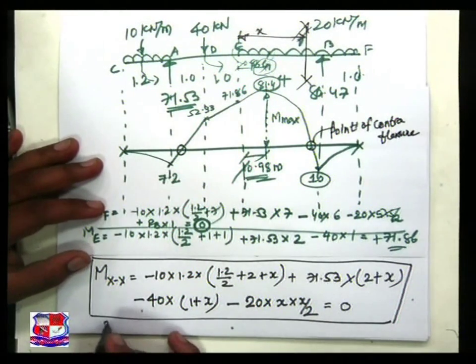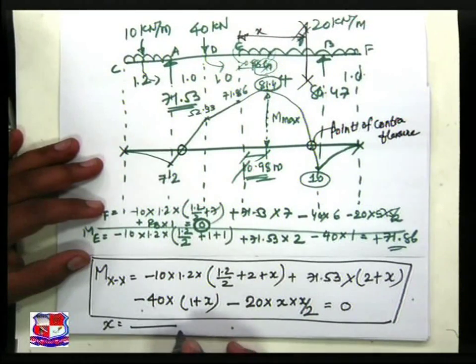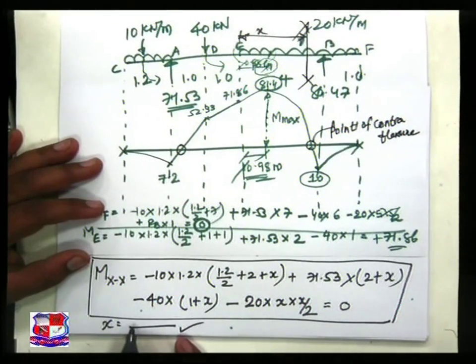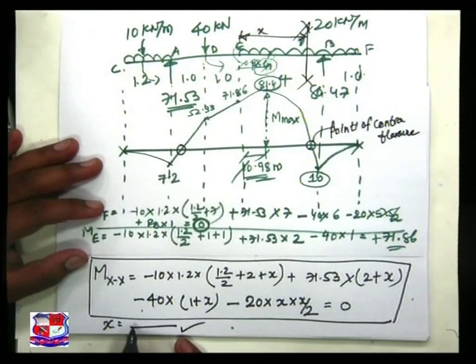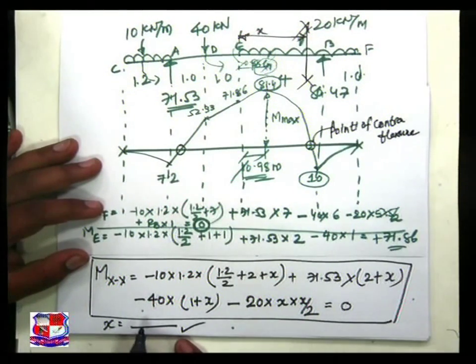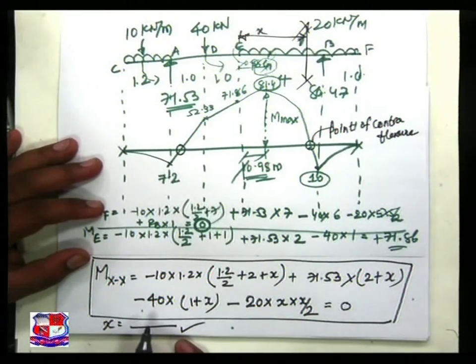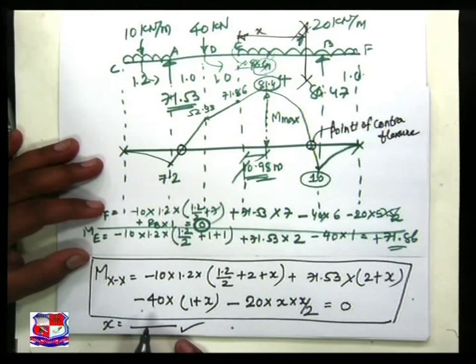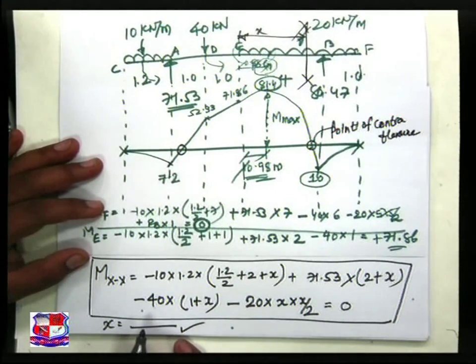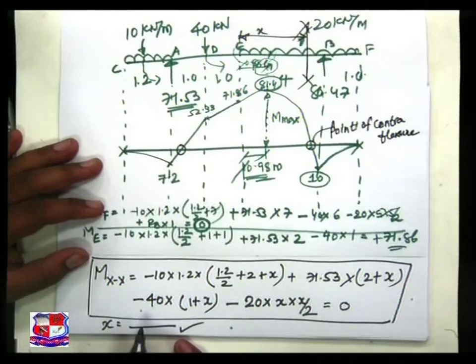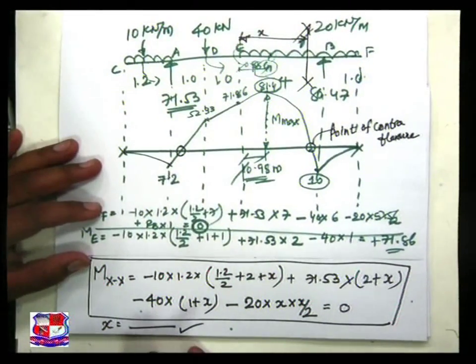This x is nothing but our point of contraflexure, point of inflection, where the bending moment changes its sign from positive to negative or negative to positive.